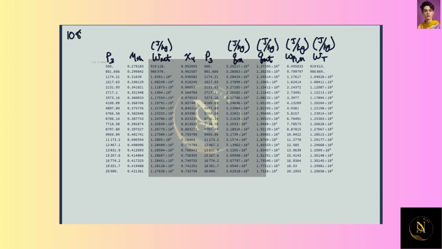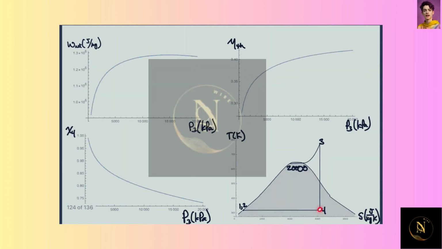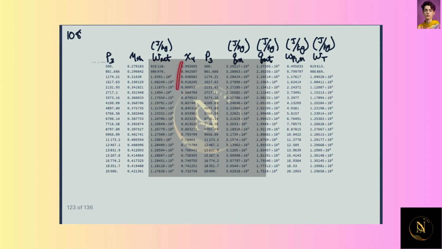I got the efficiency for each case, and the net specific work out, in joules per kilogram, not kilojoules. I also looked at the quality factor at 4 to see if we were in the two phase or not, and for all of these, we are in two phase.